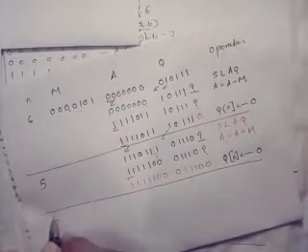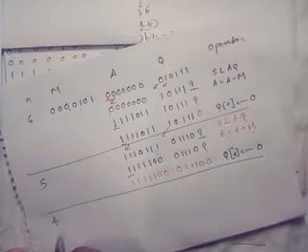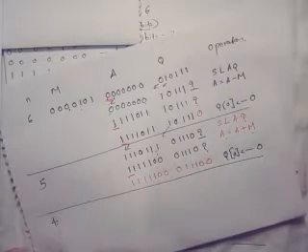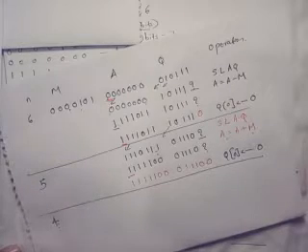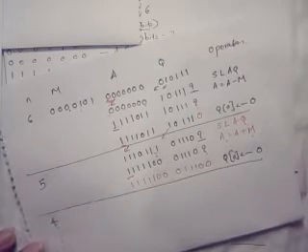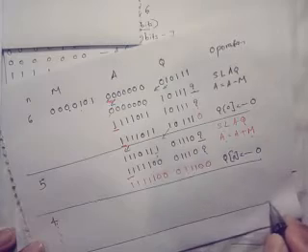Now n equals n minus 1, 4. So this step I should continue till n equals 0. When n equals 0, I can stop here.